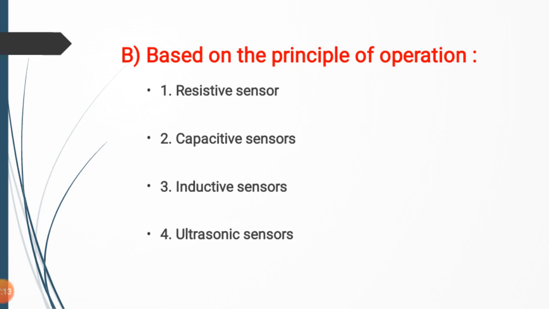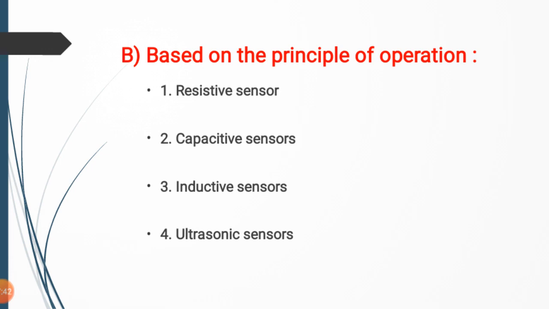These are the four types based on the operating principle of that particular sensor. In resistive sensors there is a change in resistance. In capacitive sensors, similarly, the capacitance changes. Inductive sensors are generally used for metallic objects, and the ultrasonic sensor is used to detect a particular object which is far away from us.